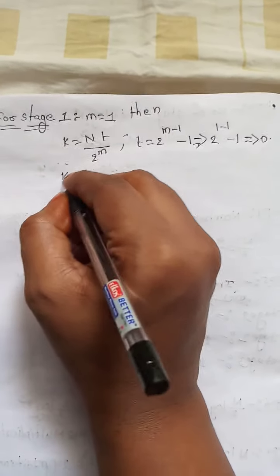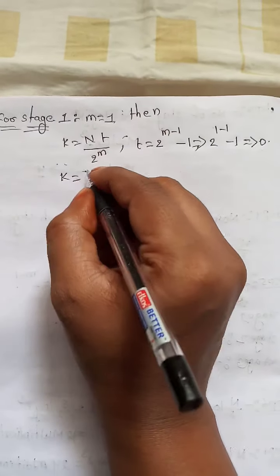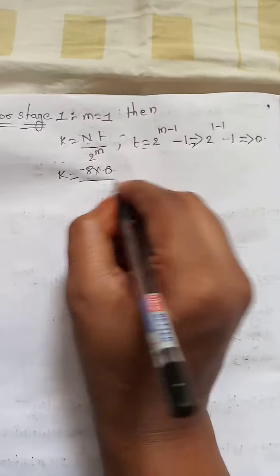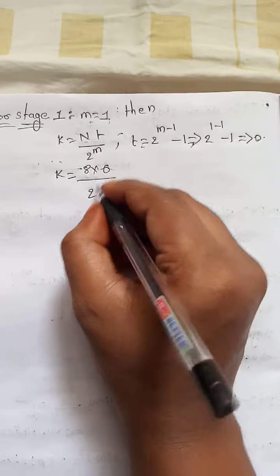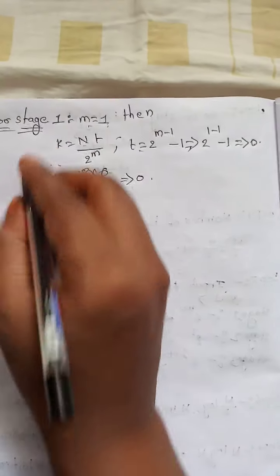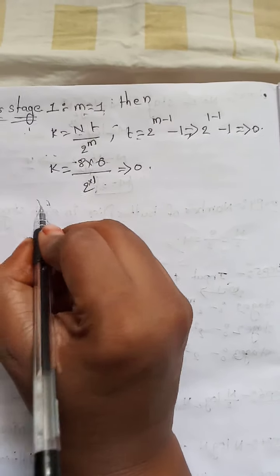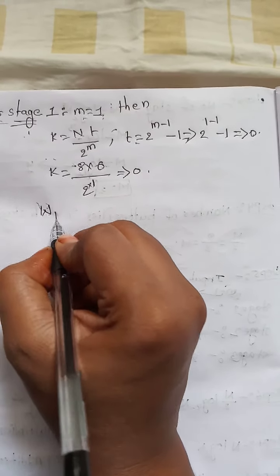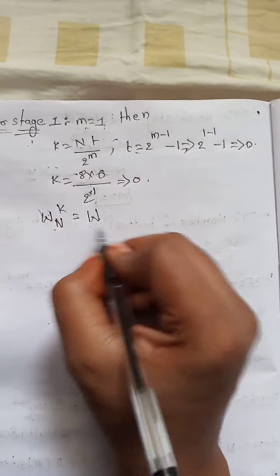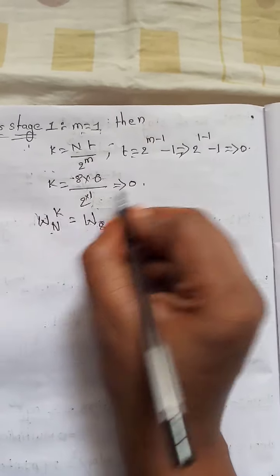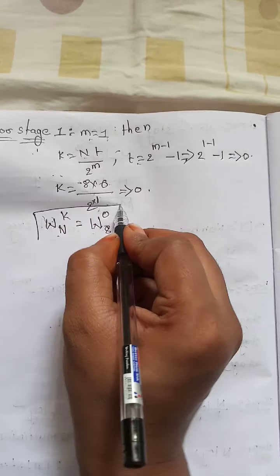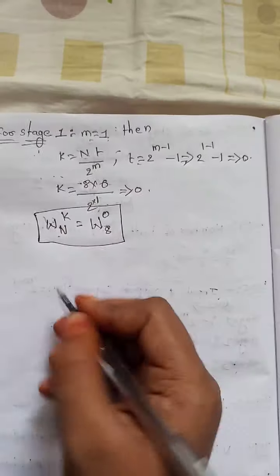When t is equal to 0, with n equal to 8, k is equal to 8 into 0 by 2 power 1. So k equal to 0. So for stage 1, the Twiddle factor Wn of k is W8 of 0. This is the Twiddle factor for stage 1.